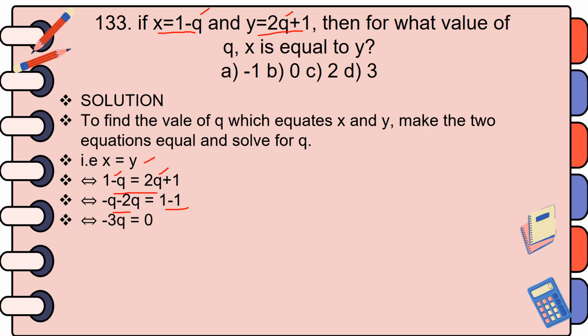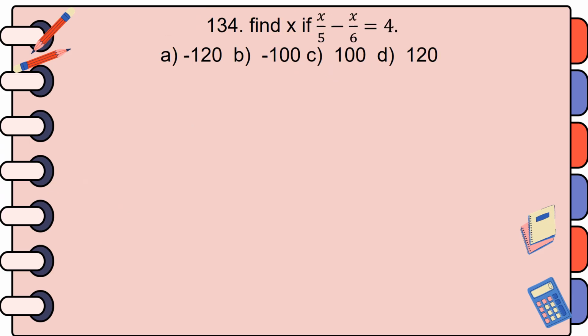So you have minus 3q is equal to 0. Then divide both sides by minus 3. You get q is equal to 0 over minus 3, and 0 over minus 3 is 0. So q is equal to 0. So your answer for this question is choice B.